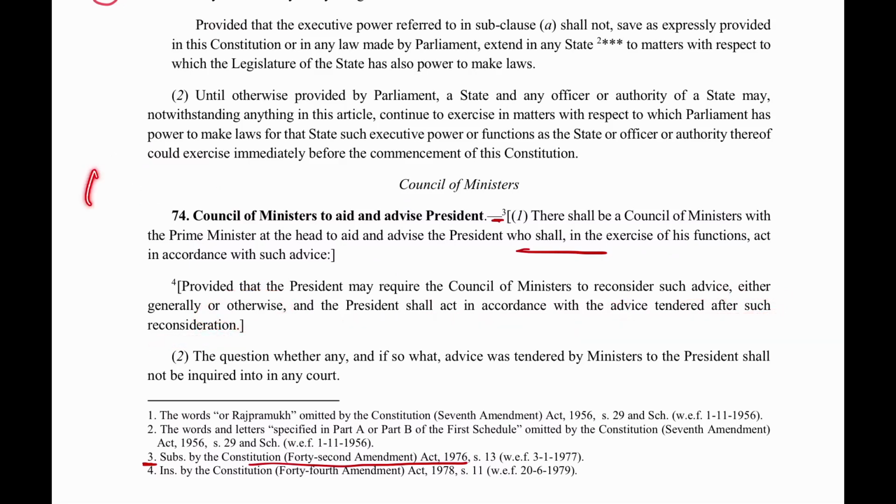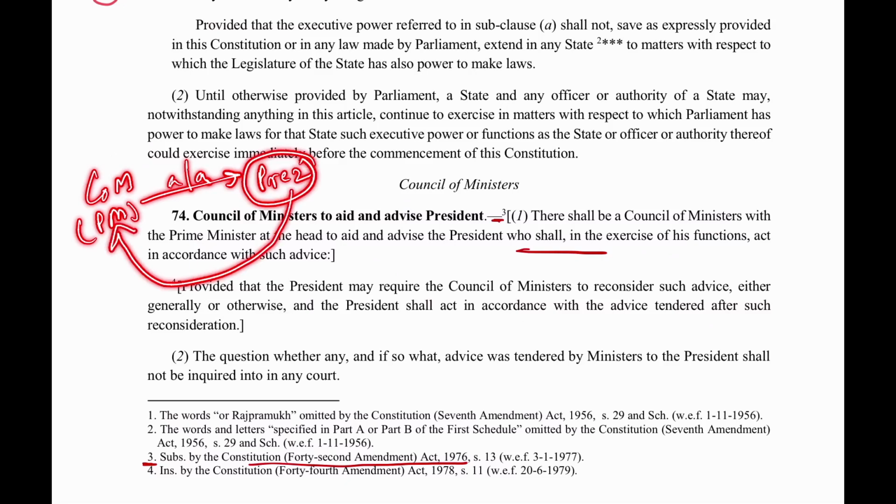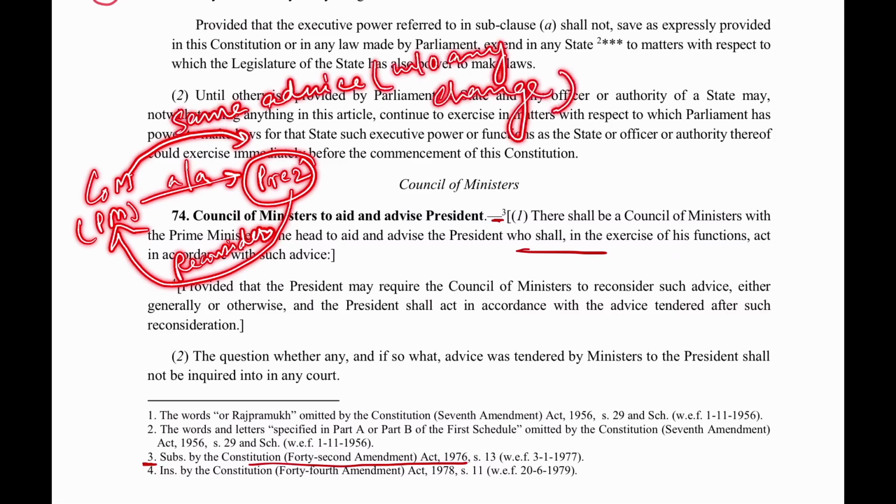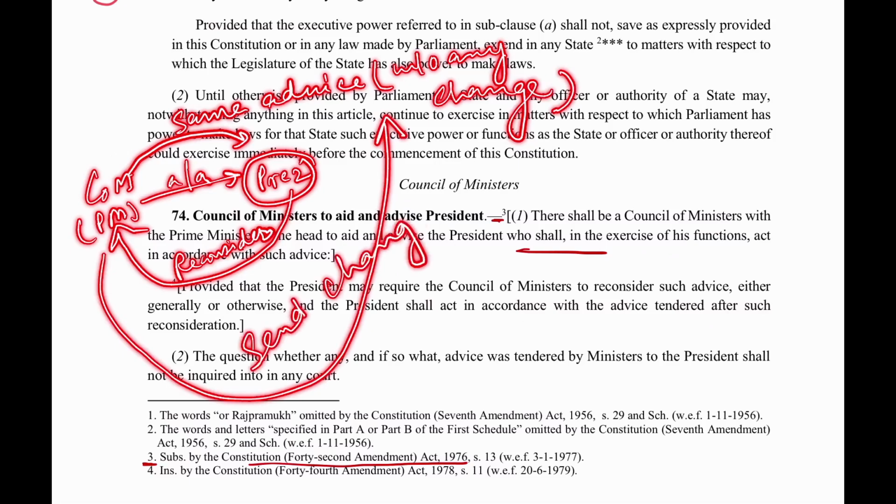Now understand. Let's say the Council of Ministers headed by the Prime Minister is giving aid and advice to the President. The President gets the advice and feels that there needs to be some reconsideration of that advice. The President asks the Council of Ministers to reconsider. When this happens, the Council of Ministers has two choices. Either send back the same advice without any change, or send changed, modified advice.